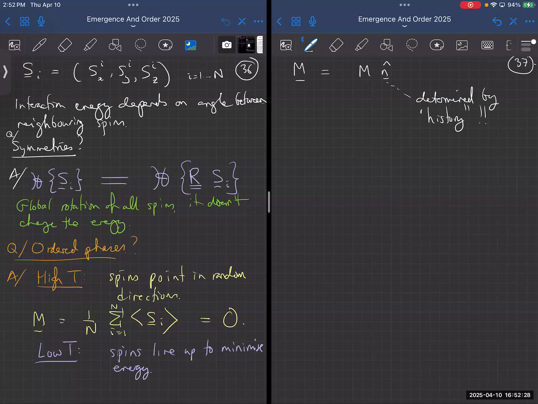So this is determined by history, either a pre-existing external field that is then removed, or it could be an imbalance in the initial conditions.